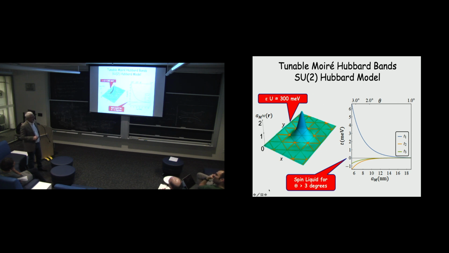Yeah, so the most important lesson is that the Moiré superlattice just gives you a way of making the lattice constant, not the microscopic lattice constant, but making it something that is 100 times bigger or so, making it 10 nanometers instead of 1 angstrom.